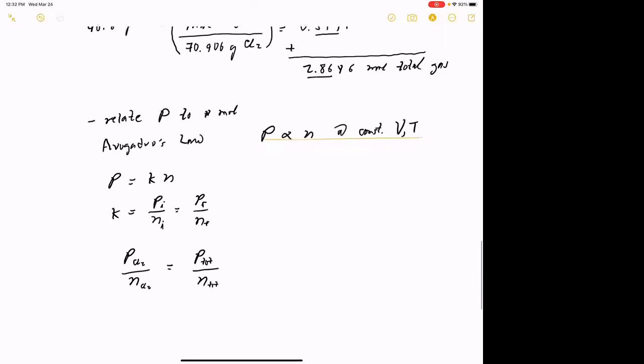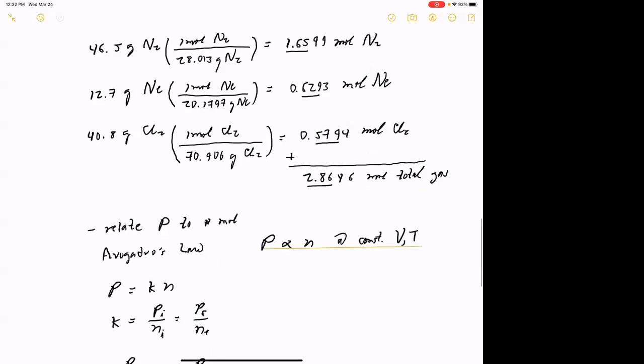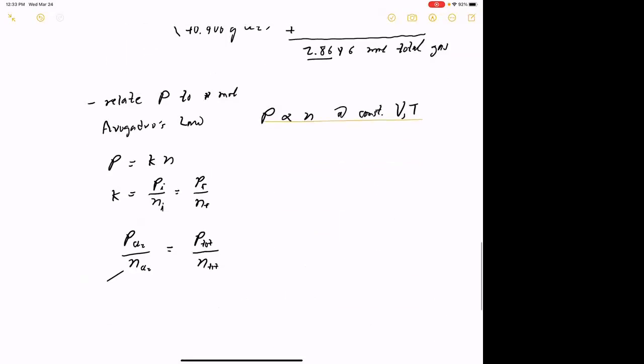Okay, so what do I want to solve for here? Well, I want to solve for the pressure, isn't that what the question asked for? What's the partial pressure? Yeah, so I want P. So this is what I'm after. I want the pressure of the Cl2.